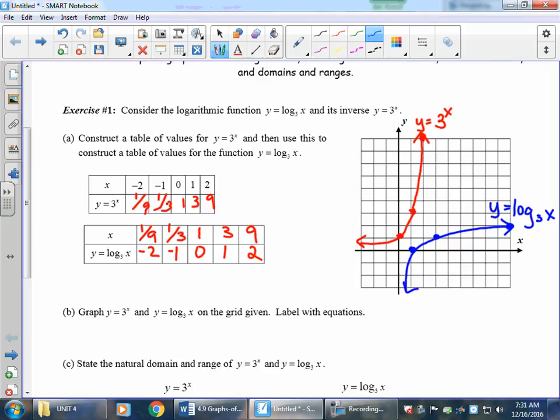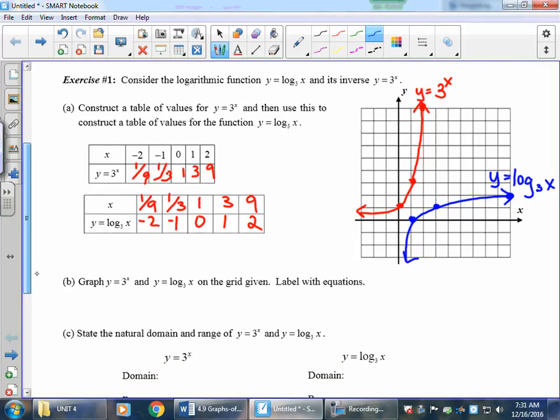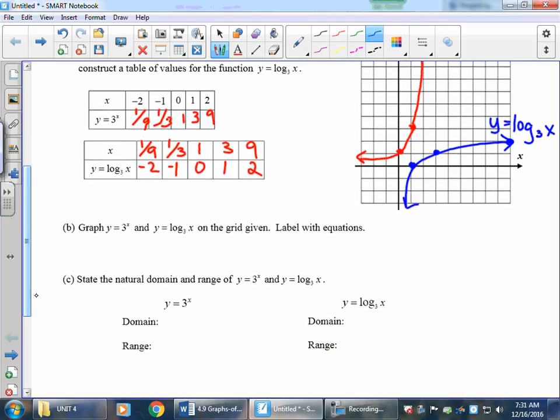So we graph that, label with equations, which we did, state the domain and range of y equals 3 to the x and y equals log base 3 of x, and we can just look at our graph to determine that. So the domain of our red function, y equals 3 to the x, is going to be basically all real numbers.